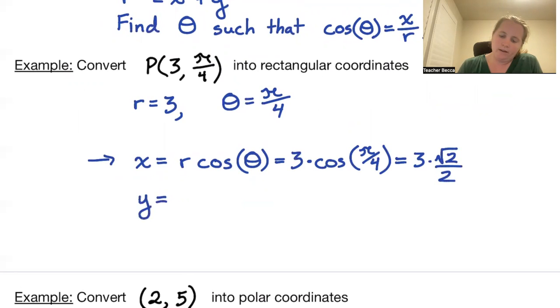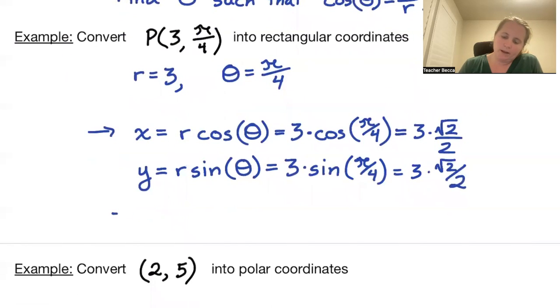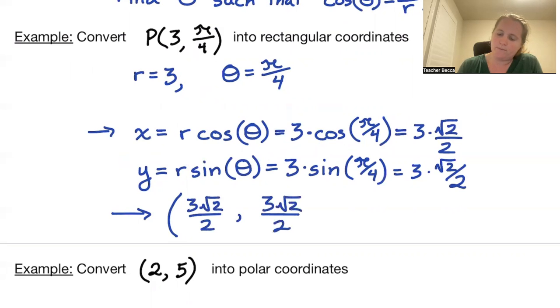Our y is r times sine of theta, or 3 times sine of pi over 4, otherwise known as 3 times root 2 over 2. And so we wind up getting our coordinates are 3 root 2 over 2, comma 3 root 2 over 2.